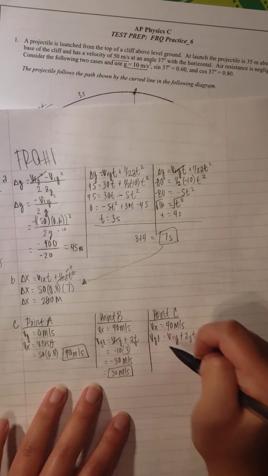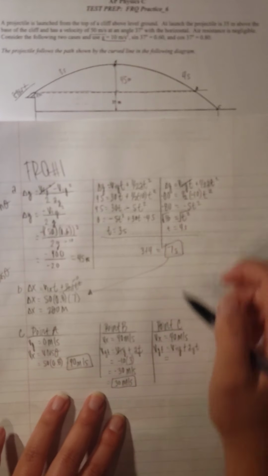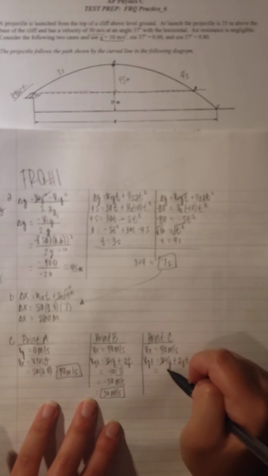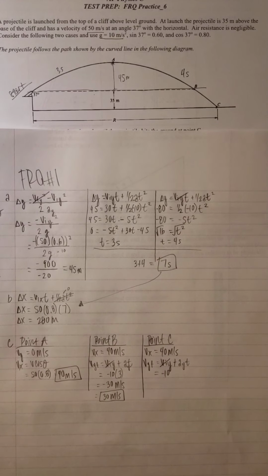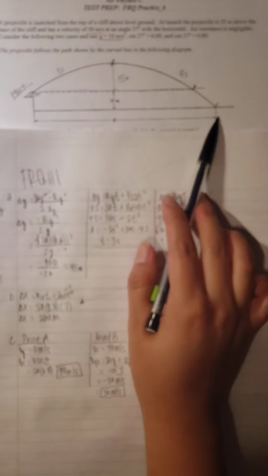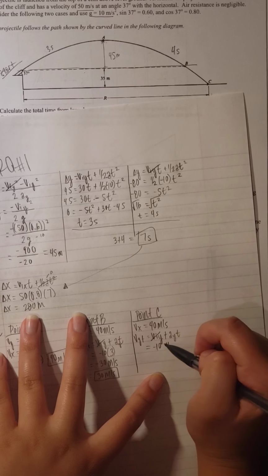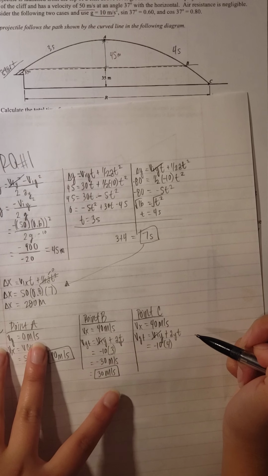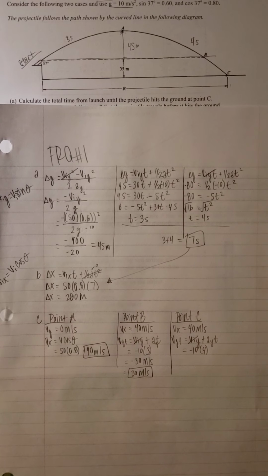Again, let's start at point A, so this is just 0. So you get 10 for acceleration because it's gravity. Now we need to figure out our t. So now we're going from point A to point C. We already found that time to be 4. Oh my gosh, I did part B wrong.